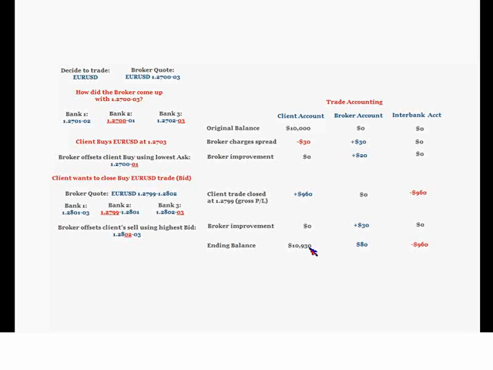Other brokers, by the way, especially those that provide the MetaTrader platform, within the MetaTrader platform, you can decide whether you are willing to accept slippage to the tune of 1 pip or 0 pip or 2 pips. You can activate that feature in the trade execution box of MetaTrader.